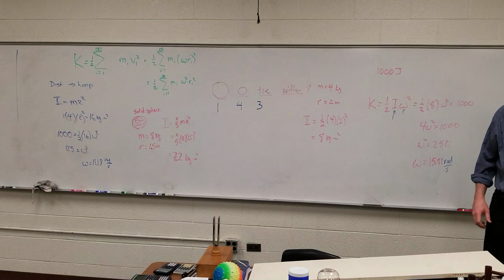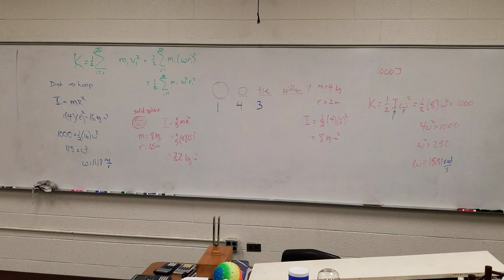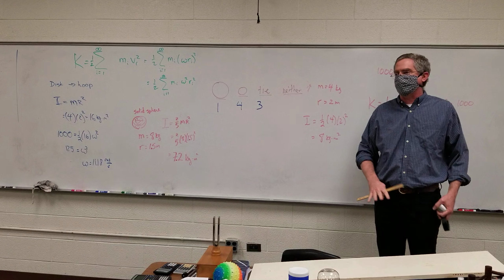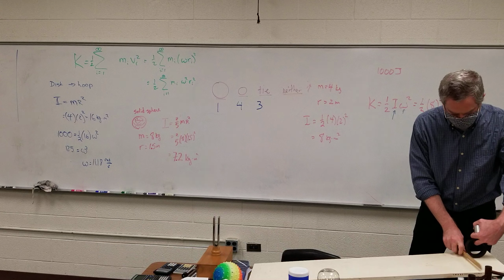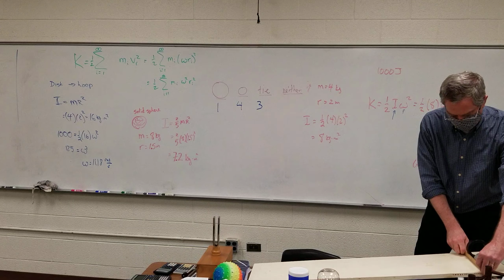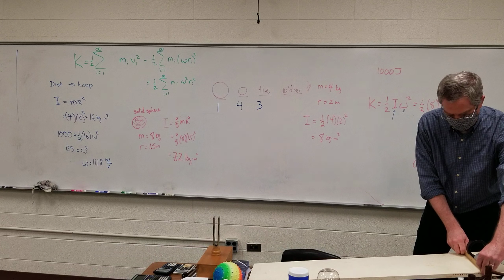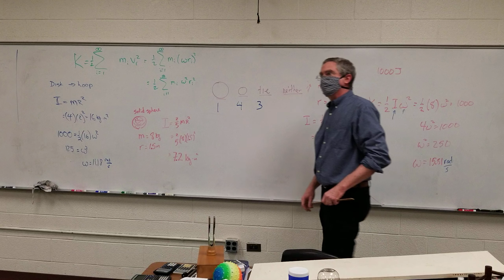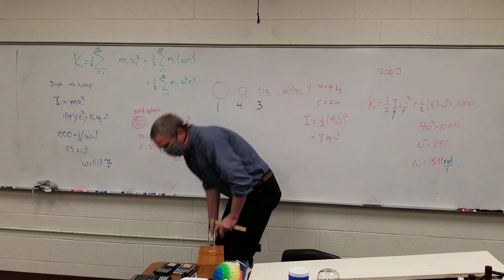I need to start them off at the same place, so let me grab a ruler as a starting gate. I will tend to do it twice in case there's some bias in the board. Ideally, this is a flat board, but it's a little bit warped. And yes.